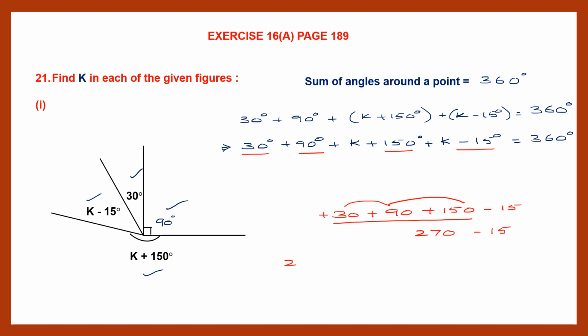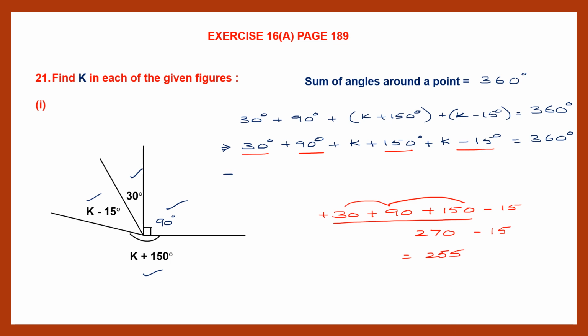So let's do that subtraction. 270 minus 15. Let's borrow. So 10 minus 5 is 5, 6 minus 1 is 5, this is 2. So this is 255. So we have added these numbers and subtracted 15 from it and we got 255.